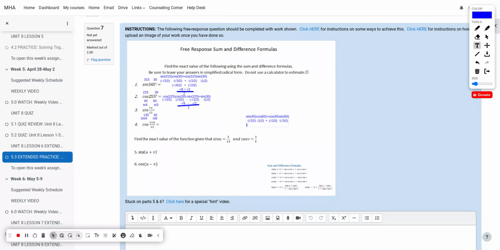So, and then square root of 2 over 2 times 1/2. Multiplying across. Yeah, so I'm doing that right.